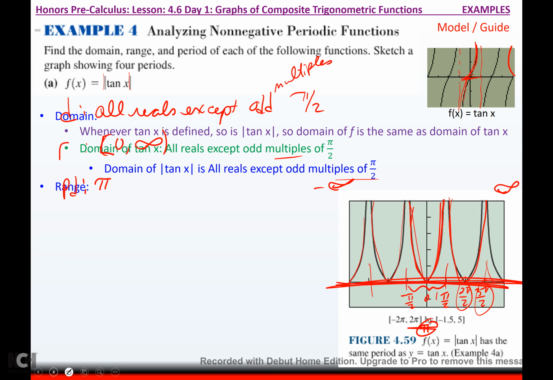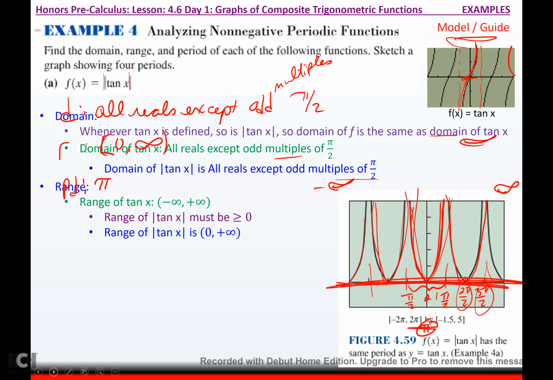Your range, the range of tangent is negative infinity to positive infinity because it goes from bottom to top, but when we did absolute value it turned all the negatives upside right, or up, whatever, moved them up. So the range of the absolute value tangent must be greater than or equal to 0, which means it's 0 to positive infinity. And I think that should be square because it actually hits the 0. And then what do they want? The period. The period, if we graph it, is the same. So the period of absolute value tangent x is pi.